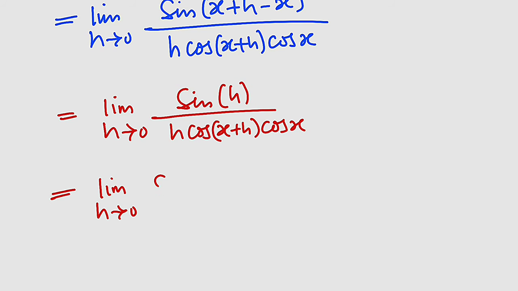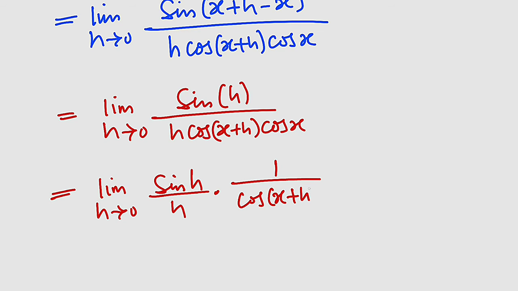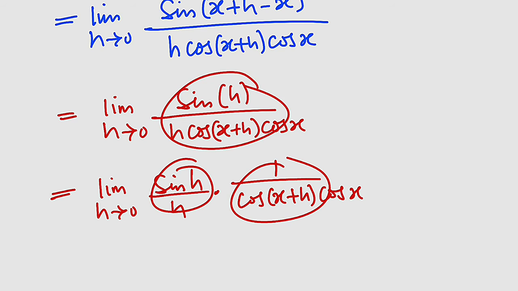So we have sine of h divided by h, then multiplied by 1 divided by cosine of x plus h multiplied by cosine of x. If you multiply this by this, you're still going to get this back.